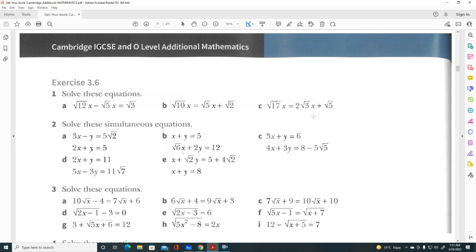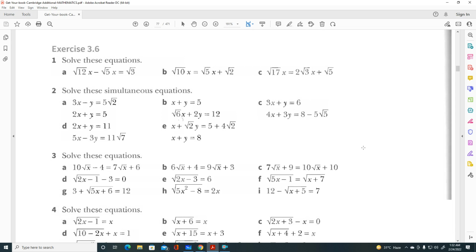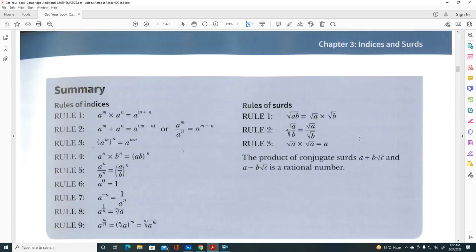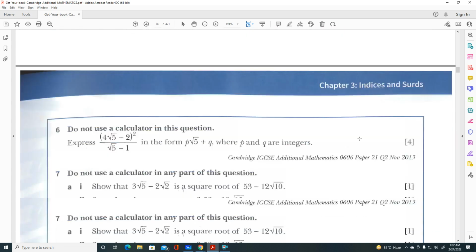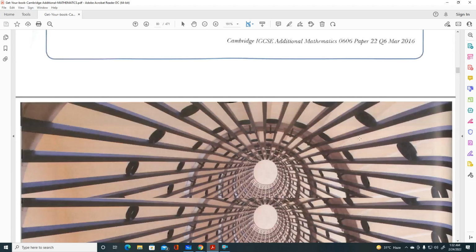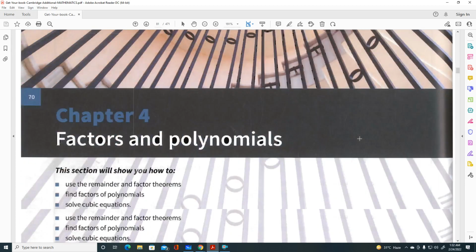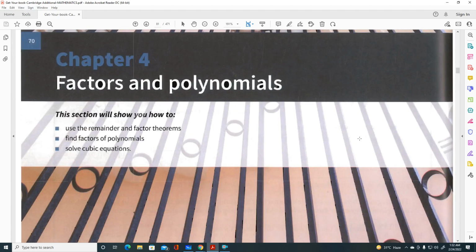I always do each and every exercise, each and every question, each and every part. So we successfully finished chapter number 3 today. Already finished chapter number 1, chapter number 2. What next? The next is we will start chapter number 4, a very important chapter and very easy chapter. The name is factors and polynomials.